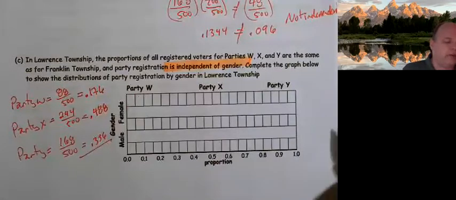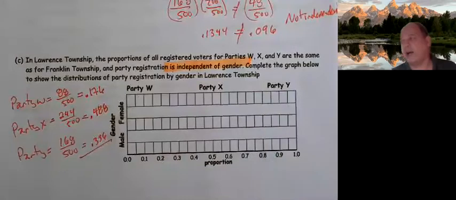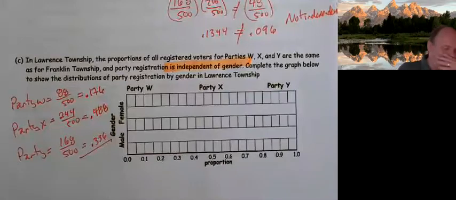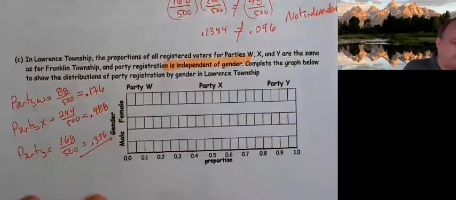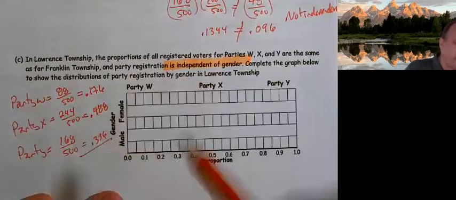Now, I don't think they actually labeled W, X, and Y on the actual graph, but I'm going to, or I did it already. If you were drawing this graph on the test and they had not labeled it, you would need to do so. So party W, 0.176.